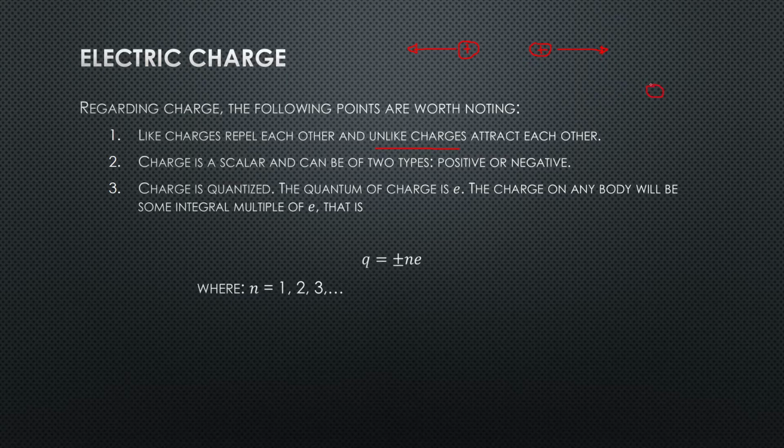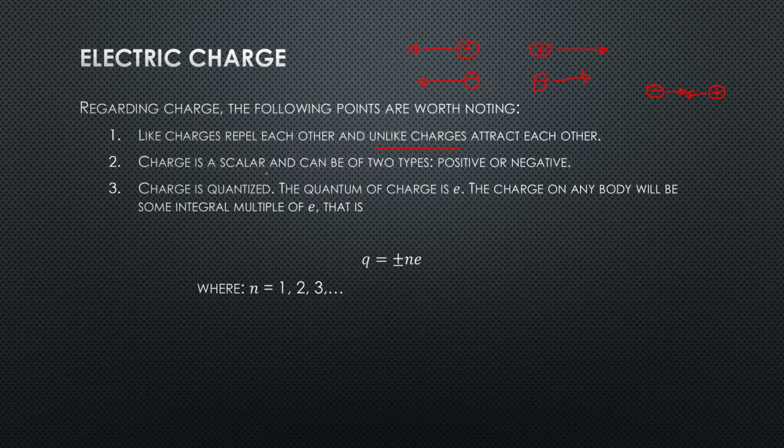Say an electron, or negative charge, and a positive charge, they will come into contact or become attracted to each other. The same goes for like charges such as a negative and another negative, they also repel.